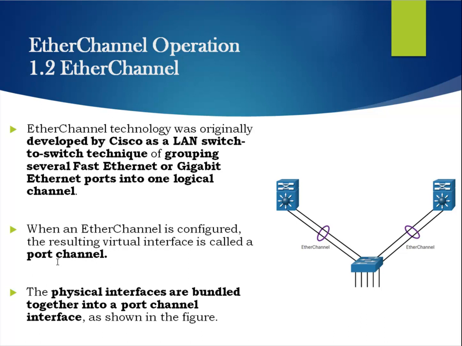In the introduction I gave you 3 different names: EtherChannel, link aggregation, and port channel interface or port channel. Everything is the same. So this is a small introduction about EtherChannel.